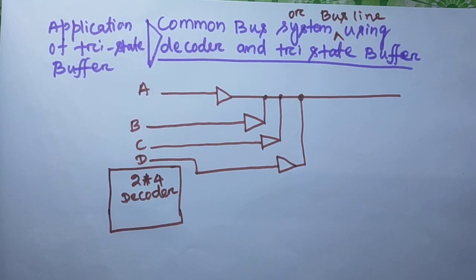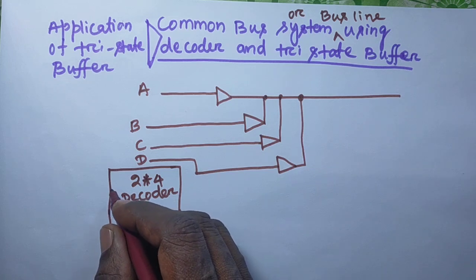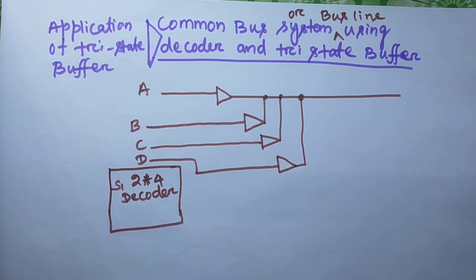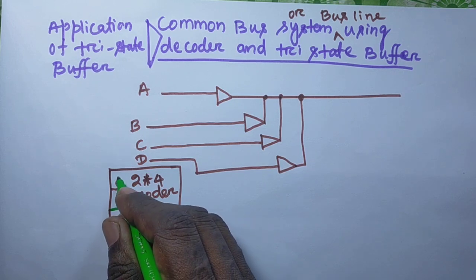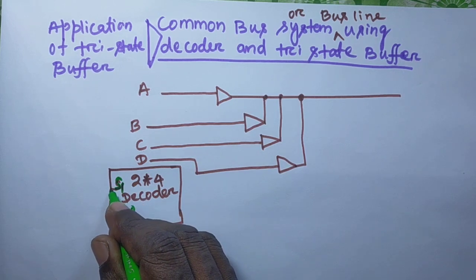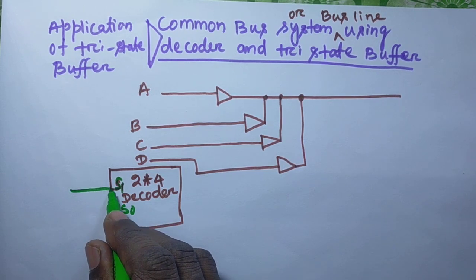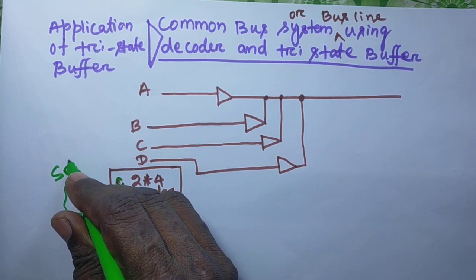These 2 inputs are generated by 2 selectors, that is S1 and S0, S1 and S0. Here we just consider 1, and here we can call select.